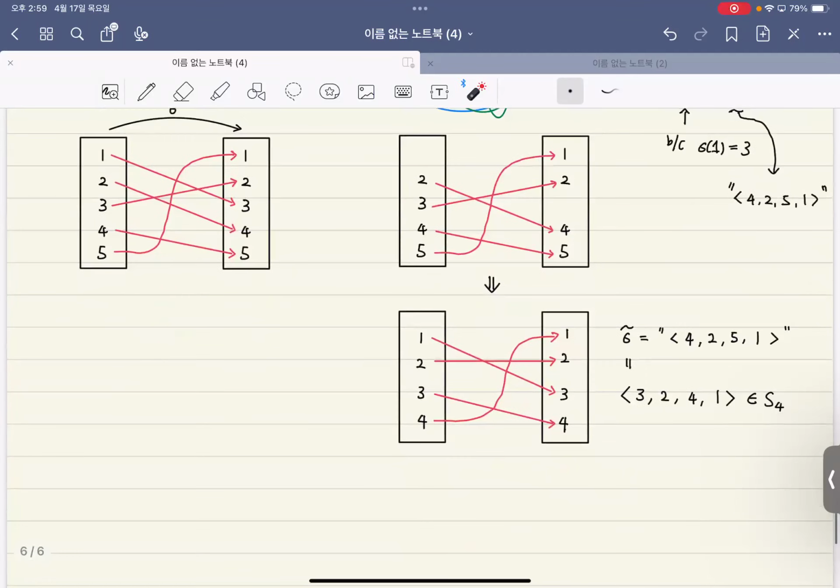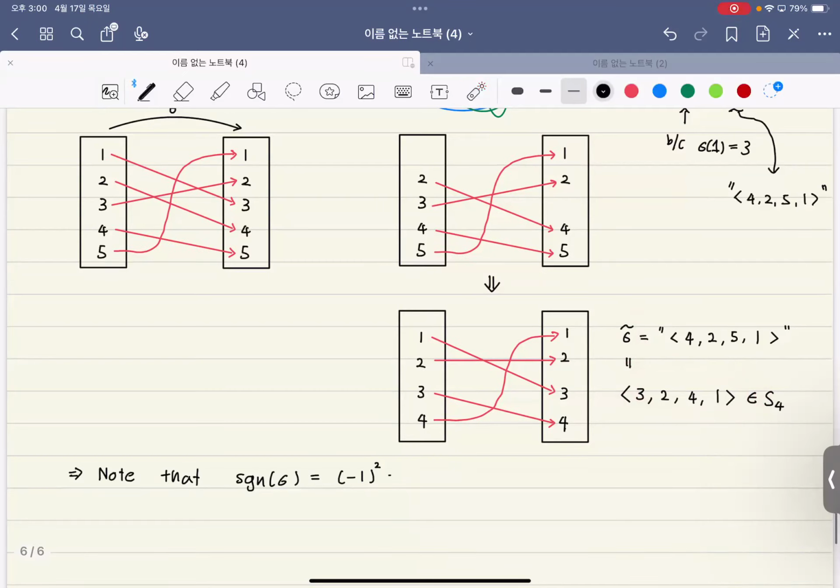Now we know the sign of a permutation is (-1) raised to the number of inversions. So the sign of sigma is going to be the sign of this sigma tilde, which represents this 4-permutation, times, well, why?